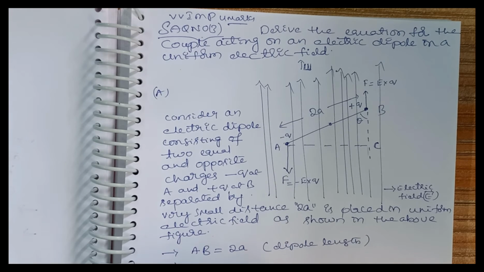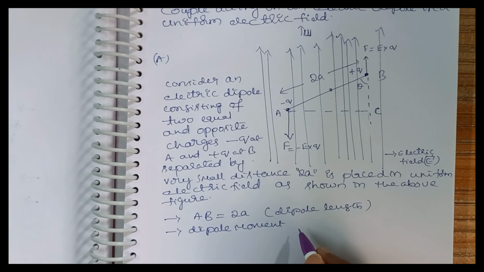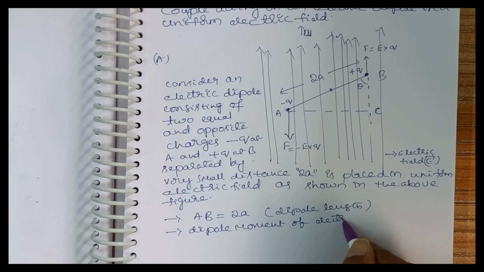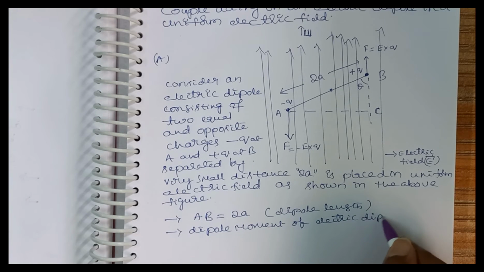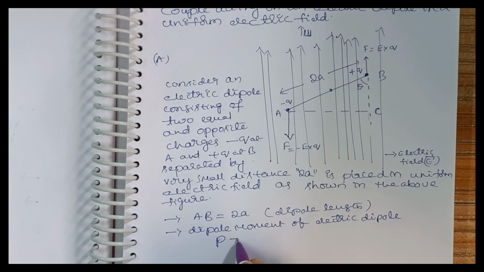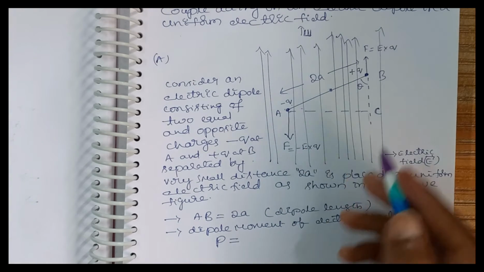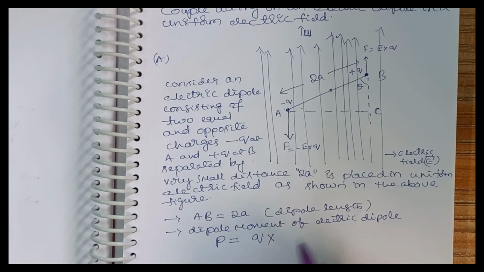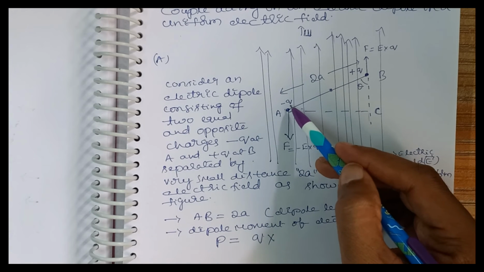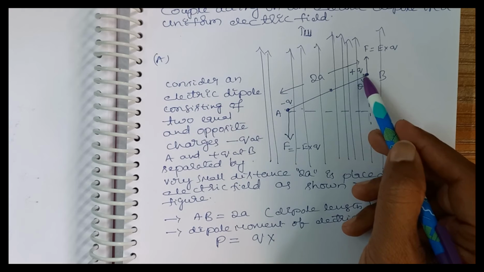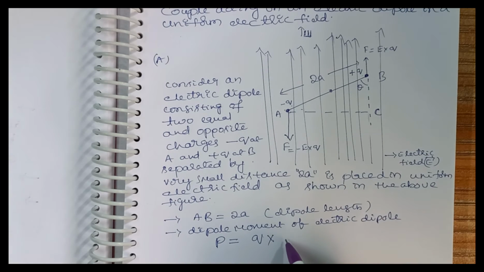Next, the dipole moment of the electric dipole, that is the magnitude of dipole moment, p is equal to the magnitude of one of the two charges, that is, either this q or this q with plus sign is taken, times the dipole length, that is 2a.